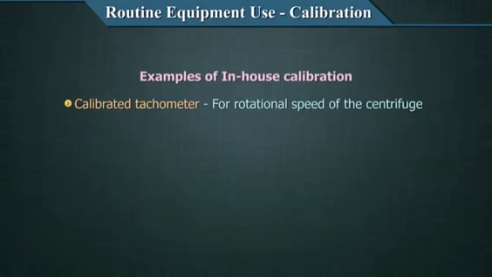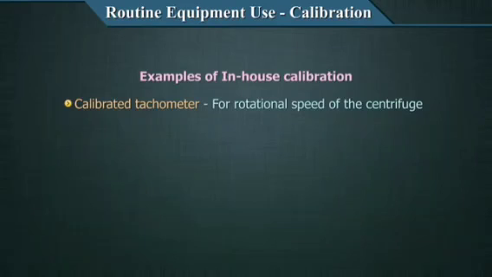So once again, to reiterate about calibration of equipment, both minor or ancillary equipment and major equipment. Minor equipment can be outsourced to a third party or any government accredited agency who can come in and calibrate your equipment, and can also be done in-house.